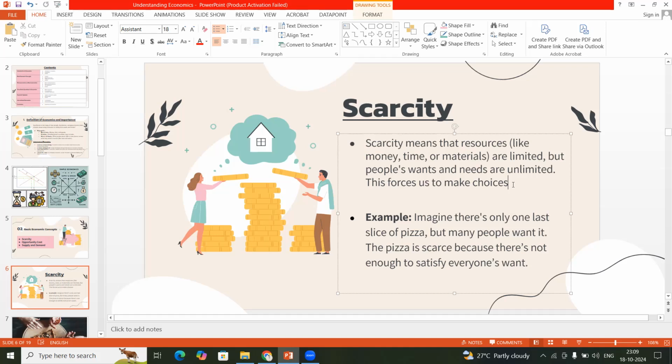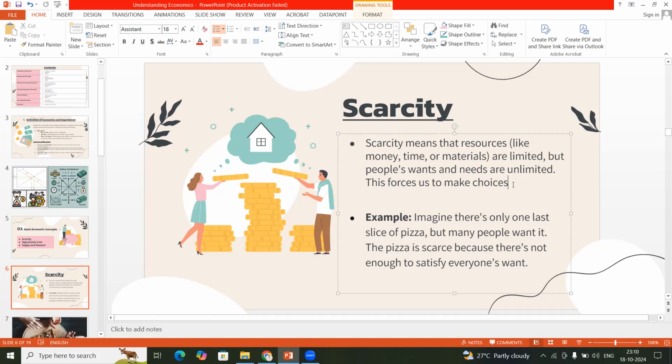But my desire, my want within that day is huge. After I buy my ice cream, I will go to my friend's place and take him or her to a movie. And after that, we will have lunch or dinner. So it will cost around a minimum of 800 to 1,000 bucks in today's era. But I don't have that. I have only 100 rupees. So it is a scarce resource.